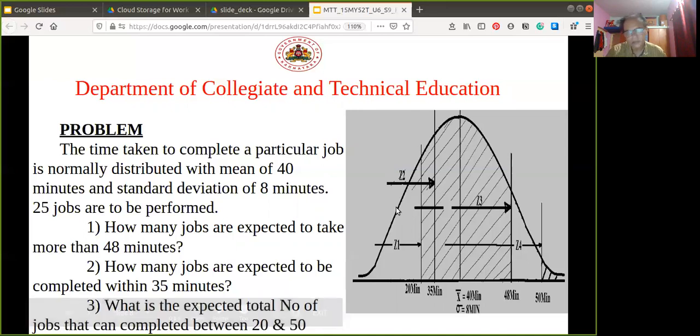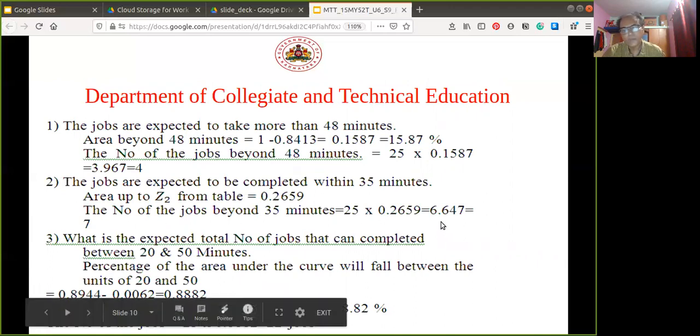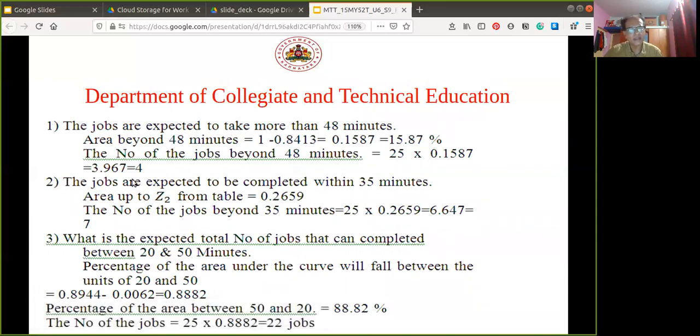In the problem, the jobs expected to be completed within 35 minutes is nothing but the area up to Z2 from the table. Already we got that, it is 0.2659. If I multiply 0.2659 with 25, approximately 6.647 jobs. So we can say it is 7 jobs that will complete within 35 minutes.